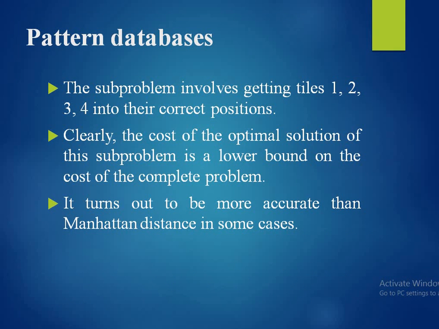Clearly, the cost of the optimal solution of this subproblem is a lower bound on the cost of the complete problem. It turns out to be more accurate than Manhattan distance in some cases.